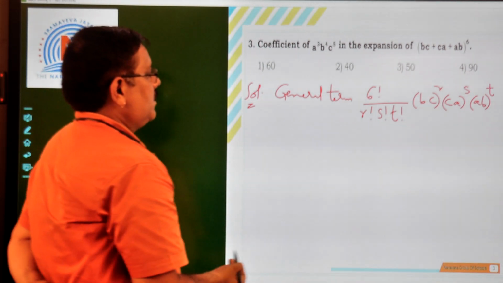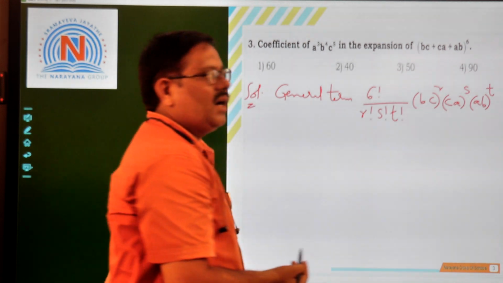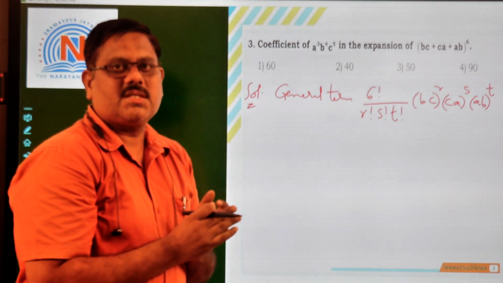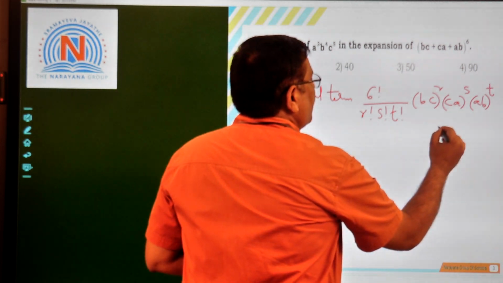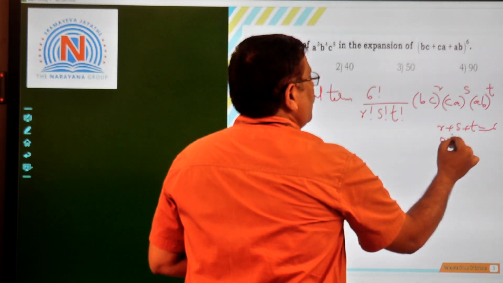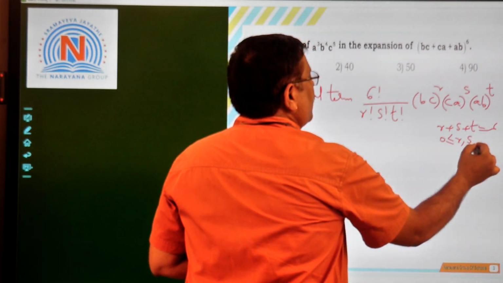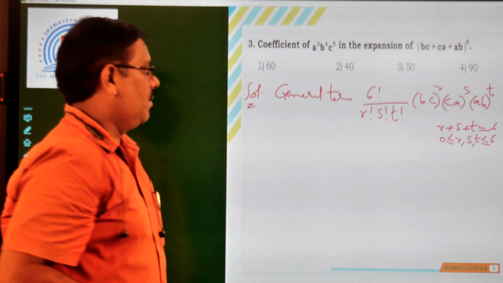That is a general term. So again, as 6 is the power, r, s, t must lie between 0 and 6 and r plus s plus t is 6. These two conditions of course here also will follow.